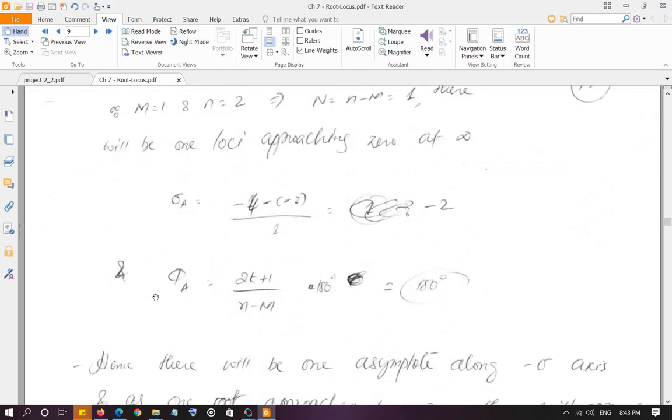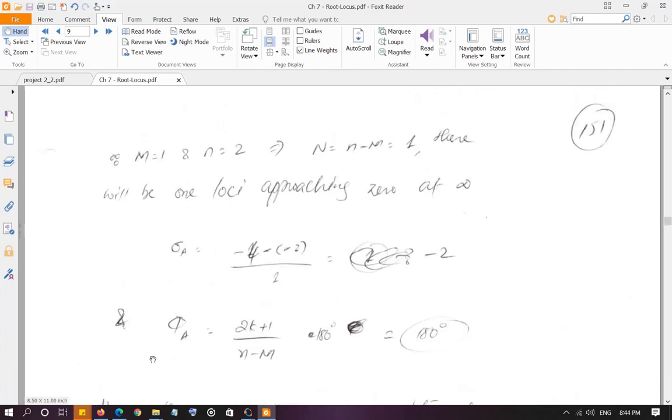And then phi a, that is the angle with respect to the x-axis along which those asymptotes will be located. So phi a is (2k plus 1) over (n minus m) times 180 degrees. For k equal to 0, it is going to give you 180 degrees.